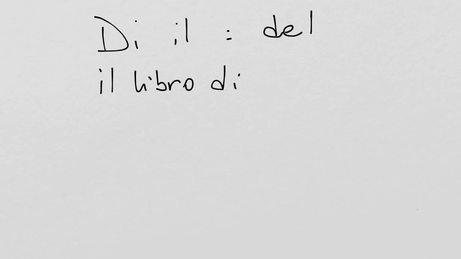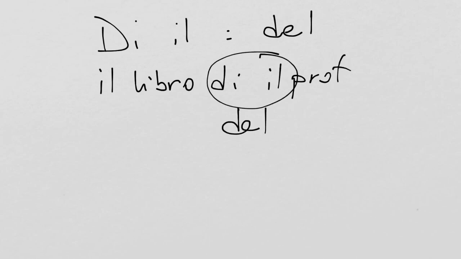So let's start with di and il, and it becomes del. The input, il libro di il professore.